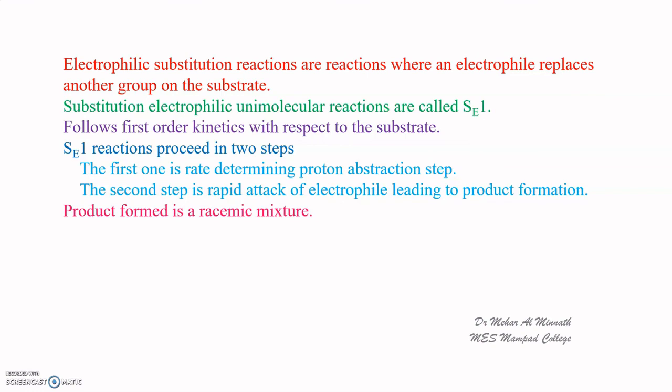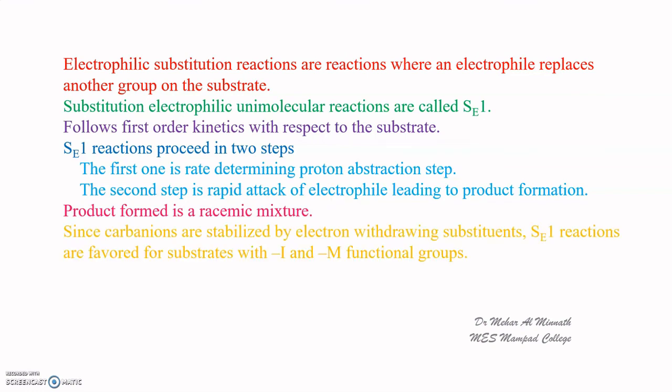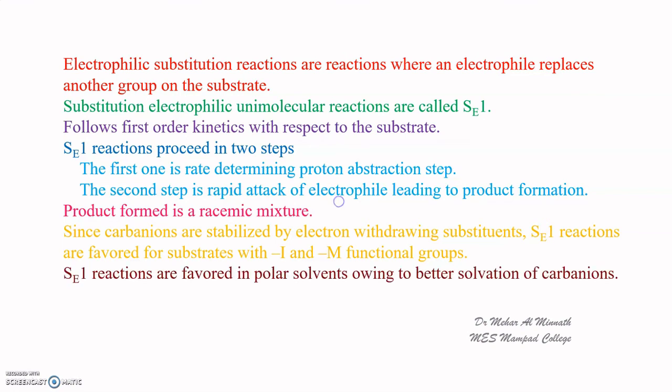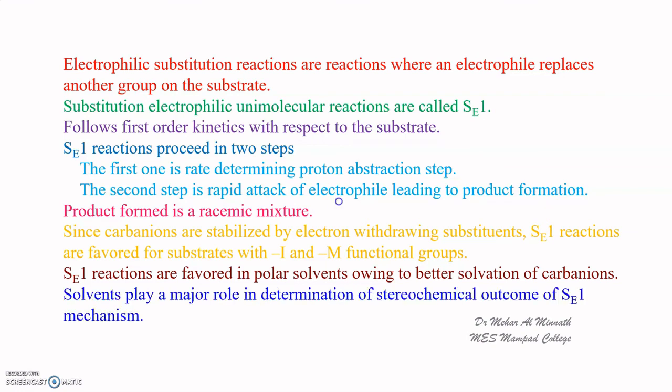The product which we get is usually a racemic mixture, and since the carbanions are stabilized by electron withdrawing substituents, SE1 reactions are favored by substrates which have electron withdrawing groups attached to them, and not favored by substrates in which electron donating groups are attached. And polar solvent favors the SE1 mechanism because of better solvation of the carbanions, and solvent also decides the stereochemistry of the mechanism.